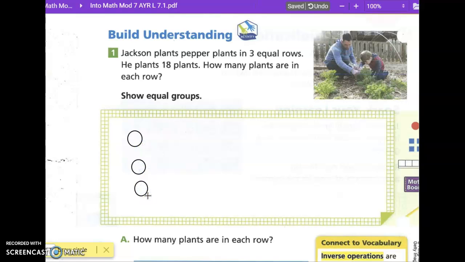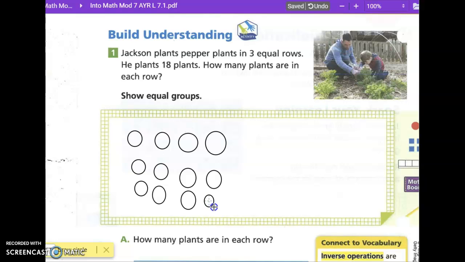And we're going to keep adding to those rows until we get to what? 18. So 4, 5, 6, 7, 8, 9, 10, 11, 12, 13, 14, 15, 16, 17, 18.